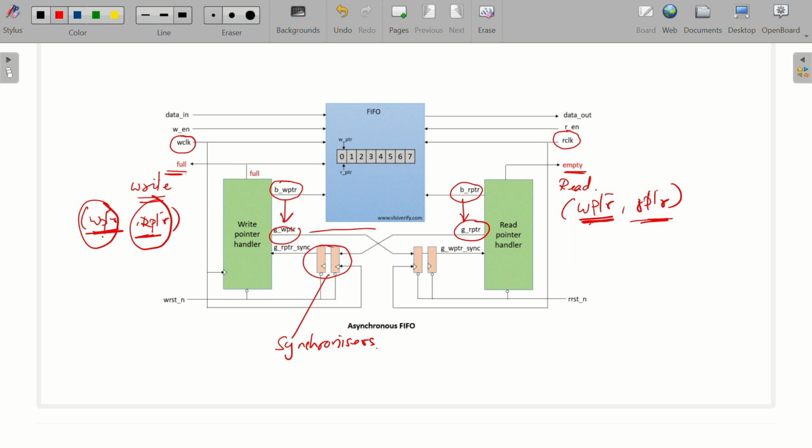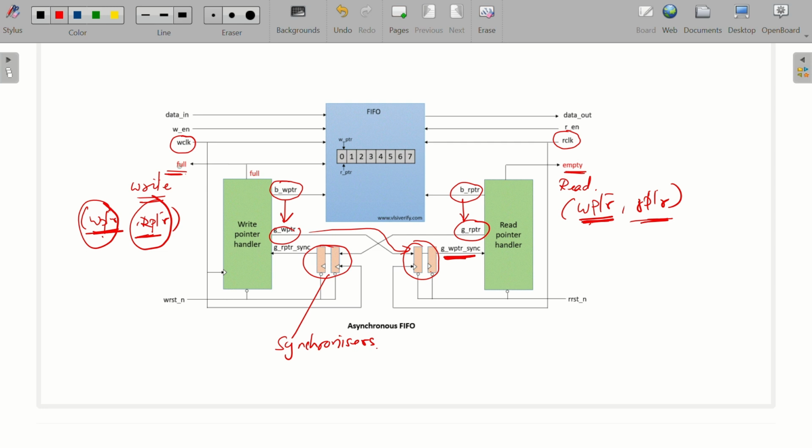That gray write pointer is passed to the synchronizers. This is also a synchronizer. It is synchronized with respect to the read clock domain, and this synchronized write pointer is passed to determine the empty condition. Okay, so whenever you're passing signals across the domain, you need synchronizers in between.